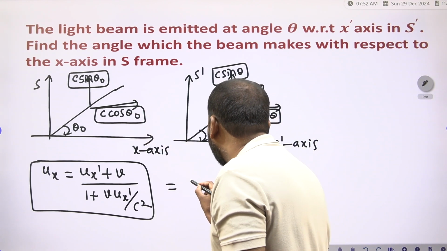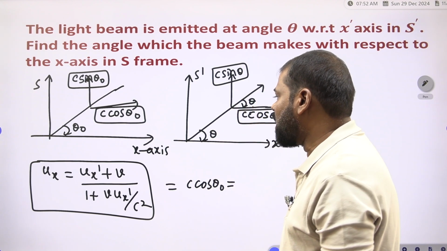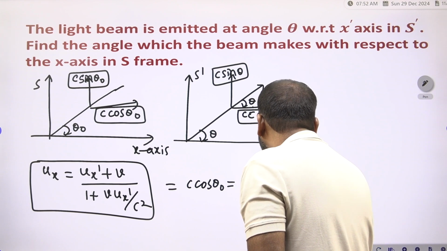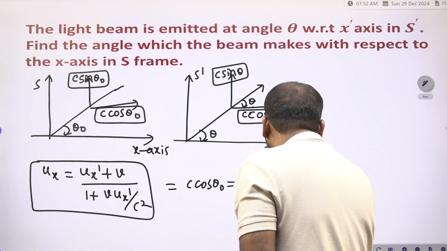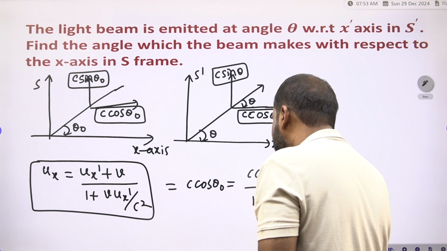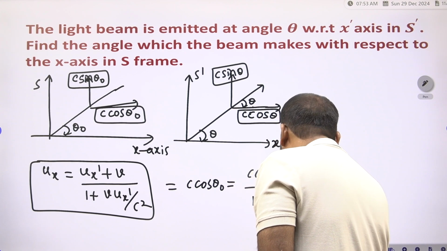Ux is equal to c cos theta naught. ux dash is equal to (c cos theta plus v) divided by (1 plus v into ux dash divided by c square).